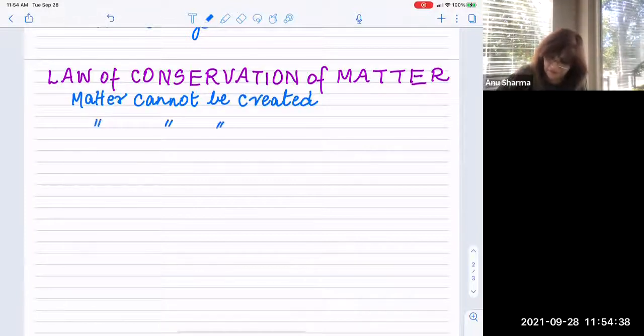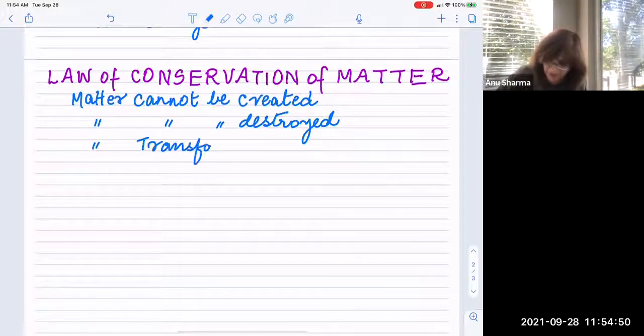Matter cannot be destroyed, but matter is transformed from one form to another.